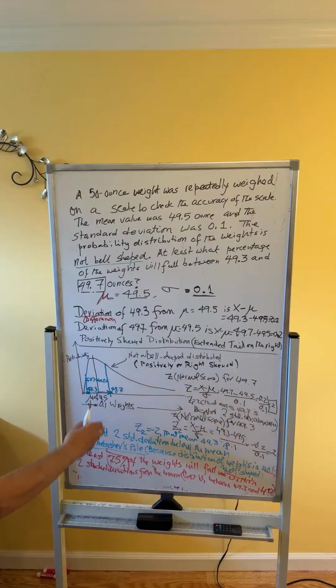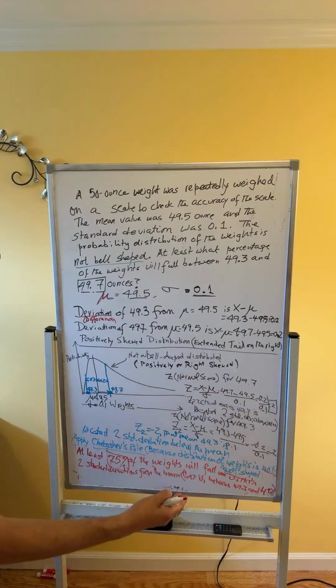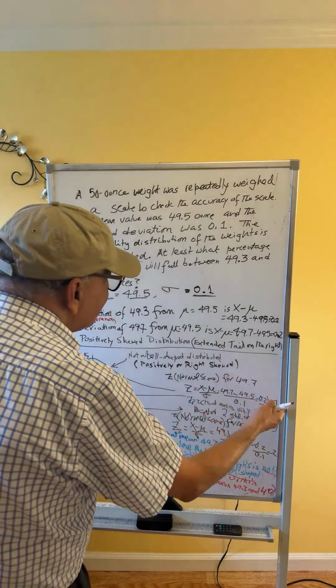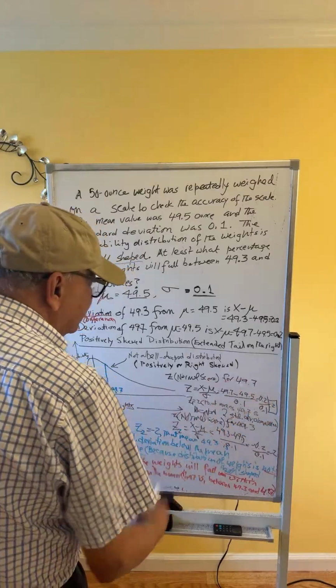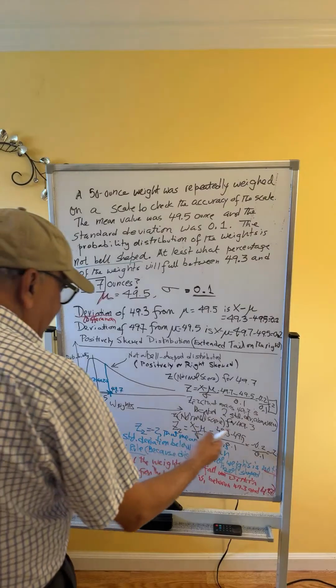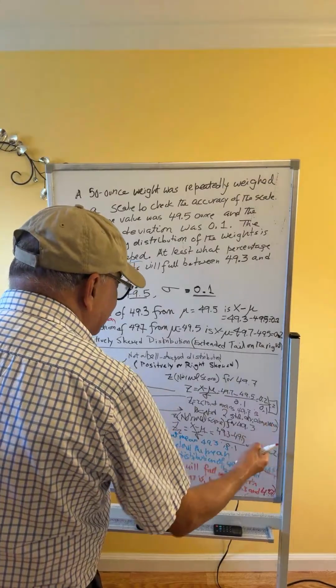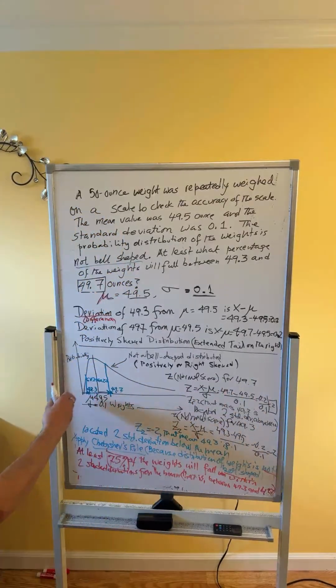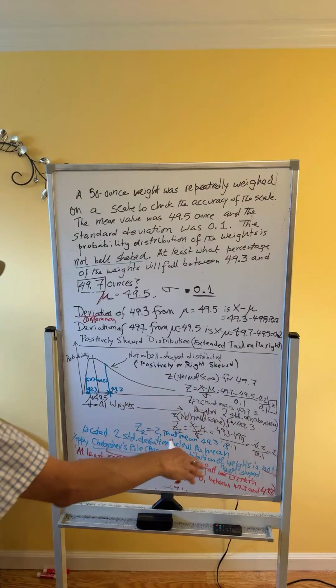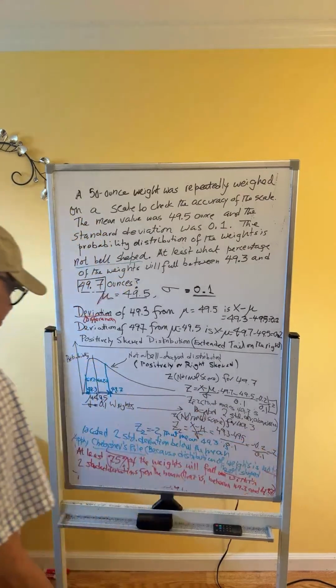The point 49.7 is located 2 standard deviations above the mean, so its z-score is positive 2. The z-score for 49.3, below the mean, is minus 2, because the difference is minus 0.2, divided by 0.1.